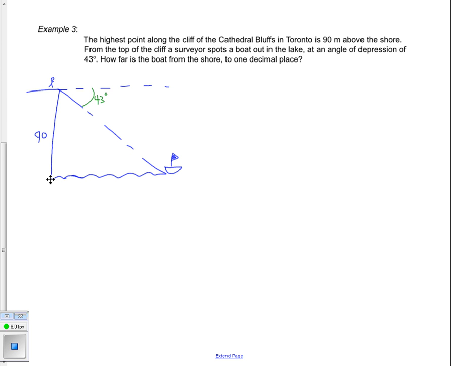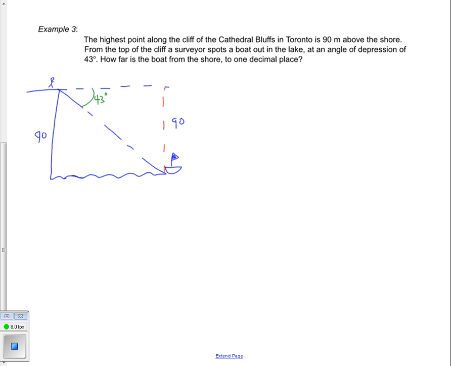In this instance, we can determine that the height, the other part of this particular triangle, is actually here. From the boat up to the top, that makes the other part of the triangle. The height of that particular piece of the triangle is also 90 meters.